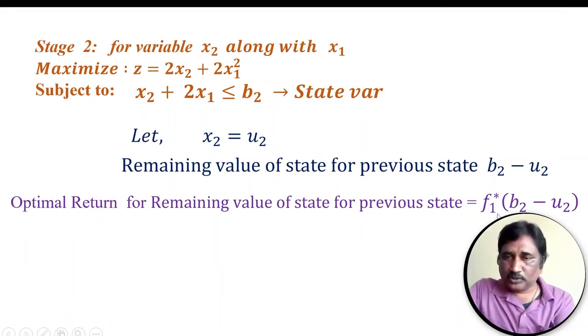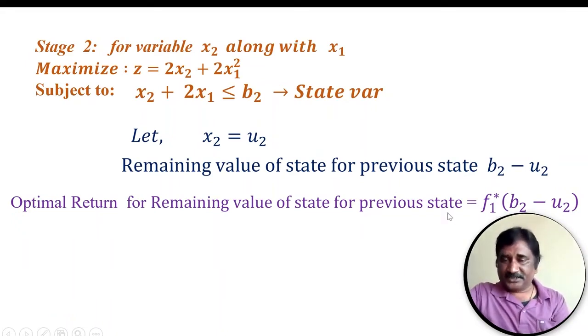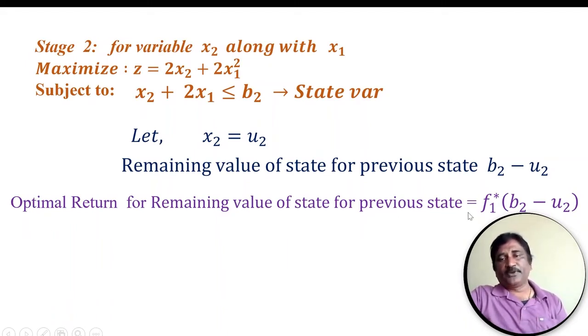Now how to find the optimal return from the previous stage? That is already known to us from the previous stage itself. So for the remaining value of state for the previous stage, that is b2 minus u2, I am interested in finding F1 optimal. Star indicates optimal. F1 optimal in bracket b2 minus u2.